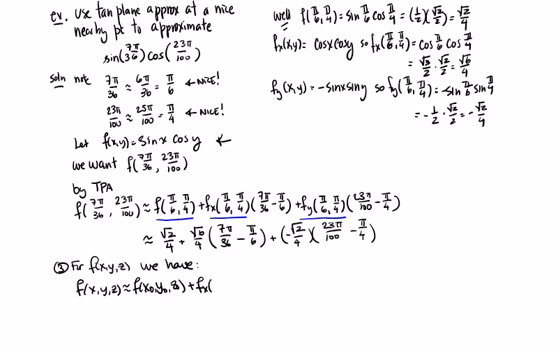And then we run through all the derivatives. So we have the derivative with respect to x, times x minus x0, plus the derivative with respect to y, times y minus y0, plus the derivative with respect to z, times z minus z0. That's what would happen.